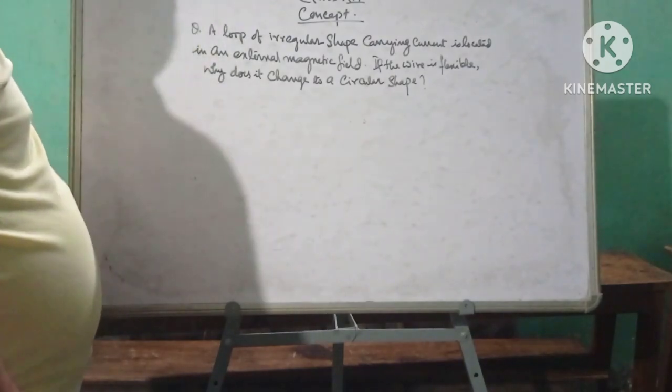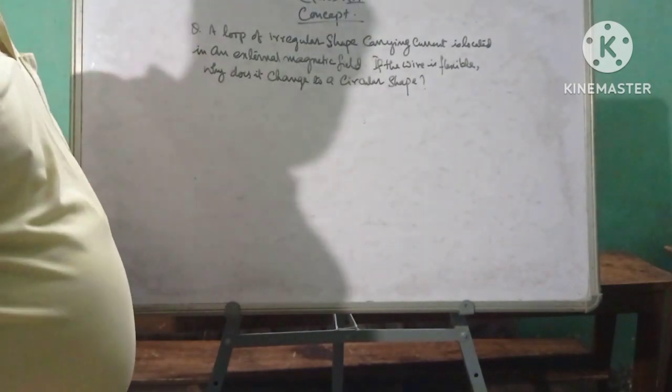If the loop is flexible, why does it change to a circular shape?